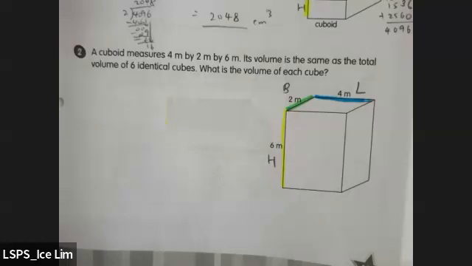Those of you who are not using this video, I'm going to do additional points. Its volume is the same as the total volume of 6 identical cubes. What is the volume of each cube?